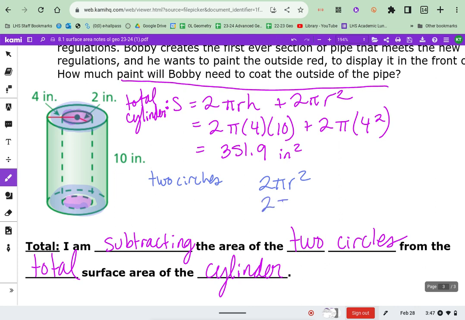So 2 times pi times 2 squared is the area of the two circles together, or 25.1 inches squared.